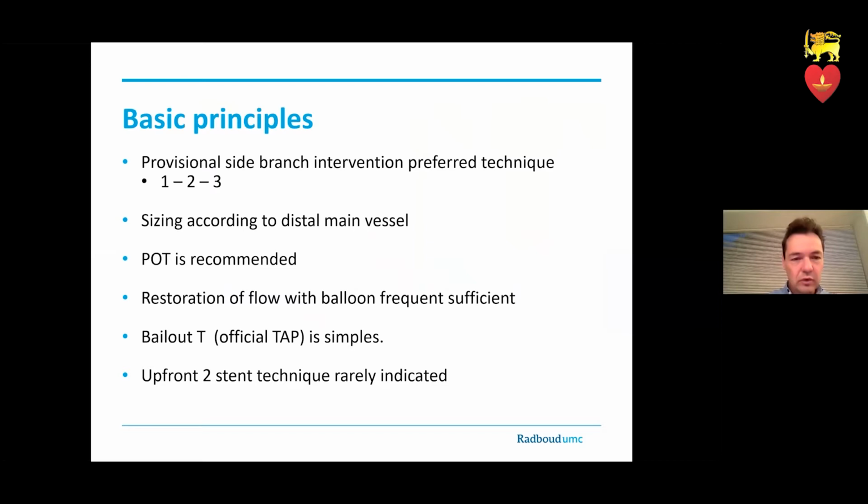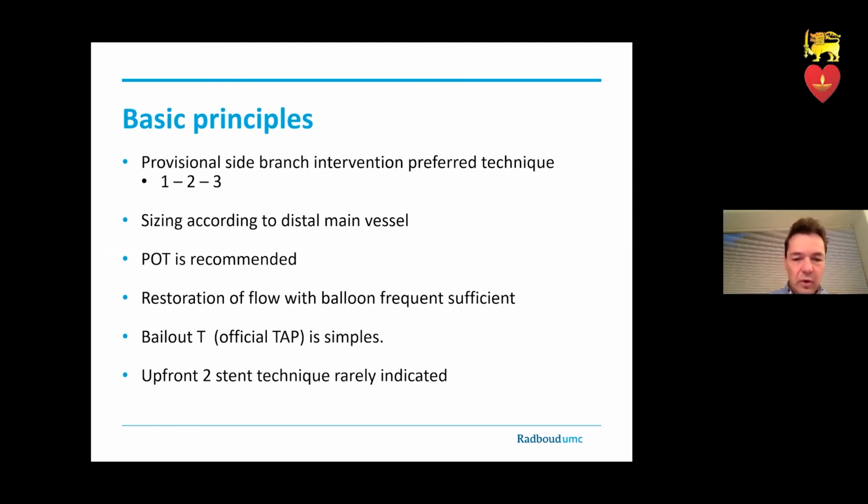Sizing of course for the bifurcations, as you all know by now, is according to the distal main vessel. That's where you have the correct diameter, and then you will optimize with the POT, the proximal optimization technique, for the proximal sections, just proximal to the carina.